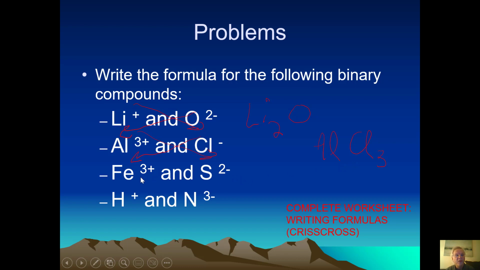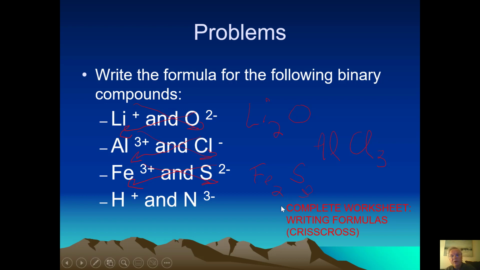For the compound that is formed by iron and sulfur, the 3 comes down here, and the charge of the S comes down here. So I write Fe2, no sign, and S3.